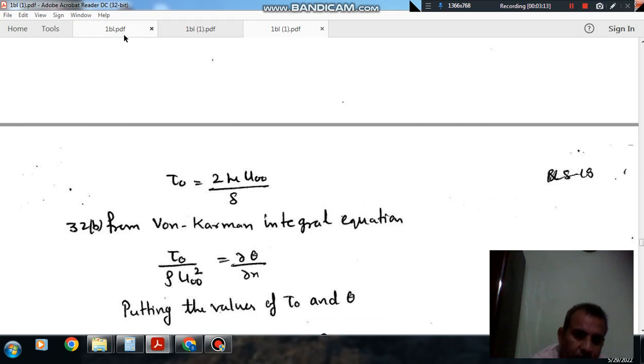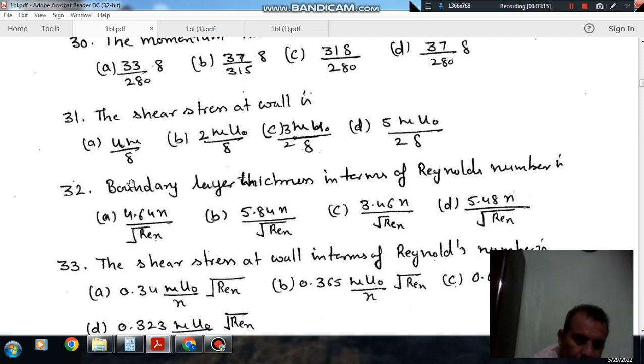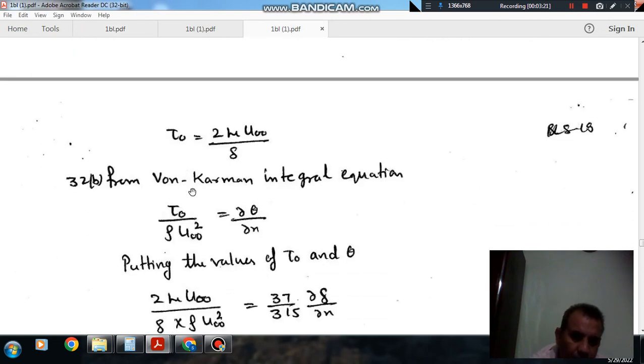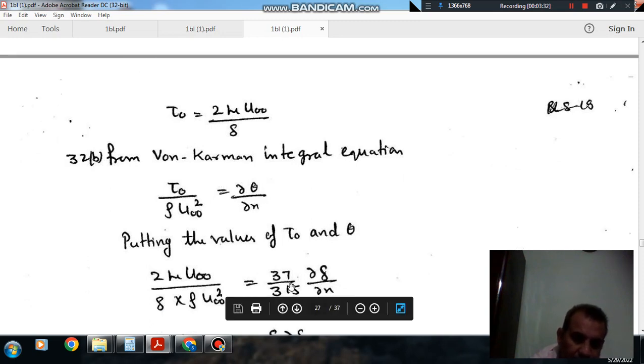And the next question is boundary layer thickness in terms of Reynolds number. So from the von Karman equation, we have tau naught by rho u infinity square is equal to d theta by dx, and theta we have found out, that is 37 by 315 delta.